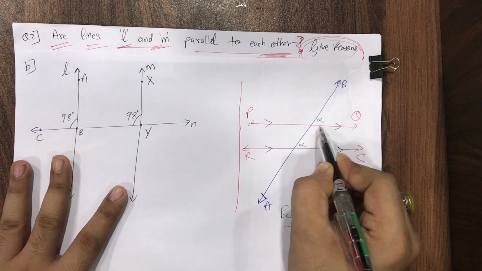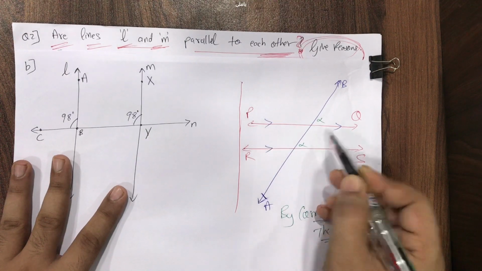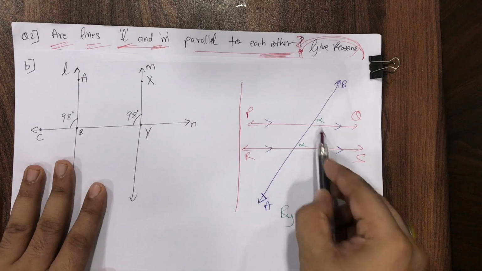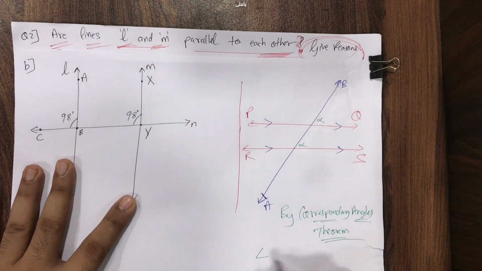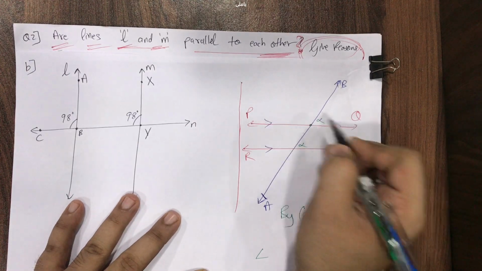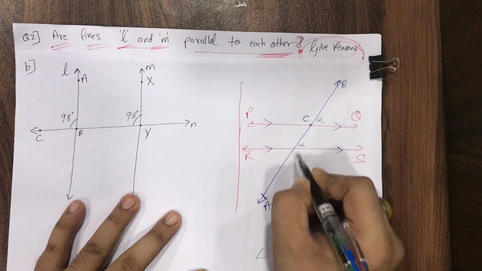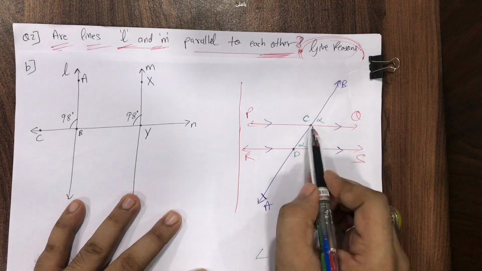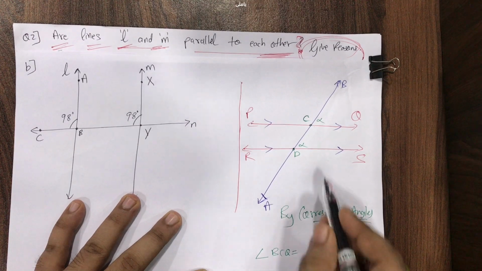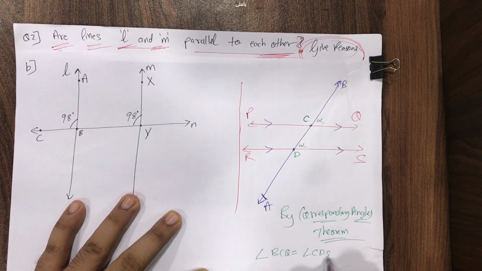This cross is above line PQ, this cross is above line RS, and both are on the right side of the transversal. So these two are equal. Let this point be C and this point be D. Its name is BCQ. Angle BCQ is equal to angle CDS.